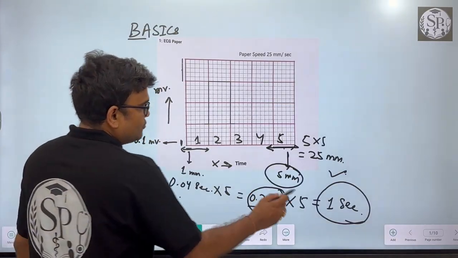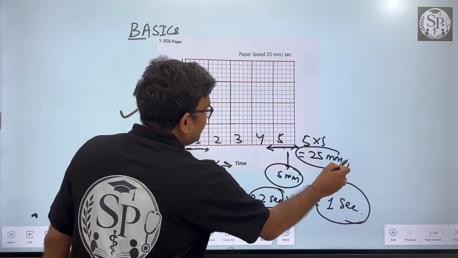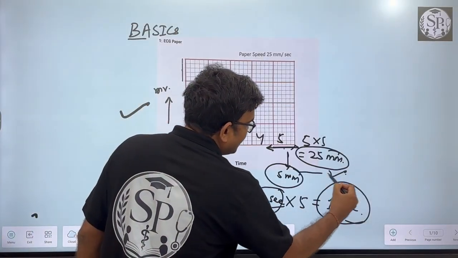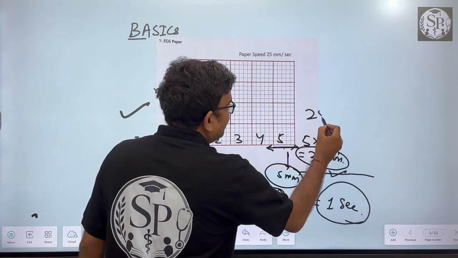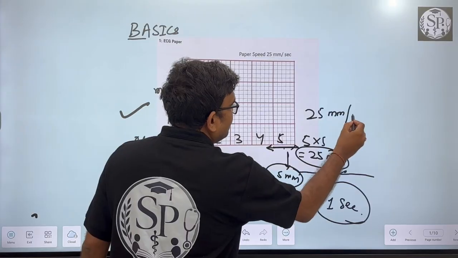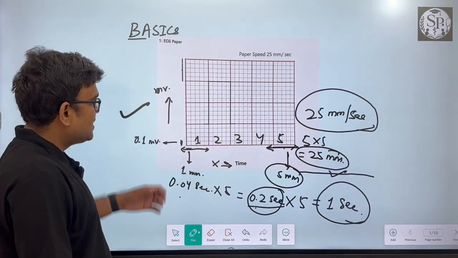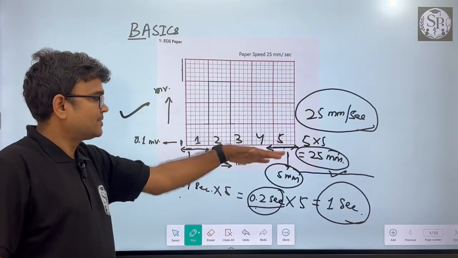The 5 large squares is 25 mm, and in time it is 1 second. So what is the speed of the ECG paper? 25 mm per second. It is the standard calibration on the x axis.